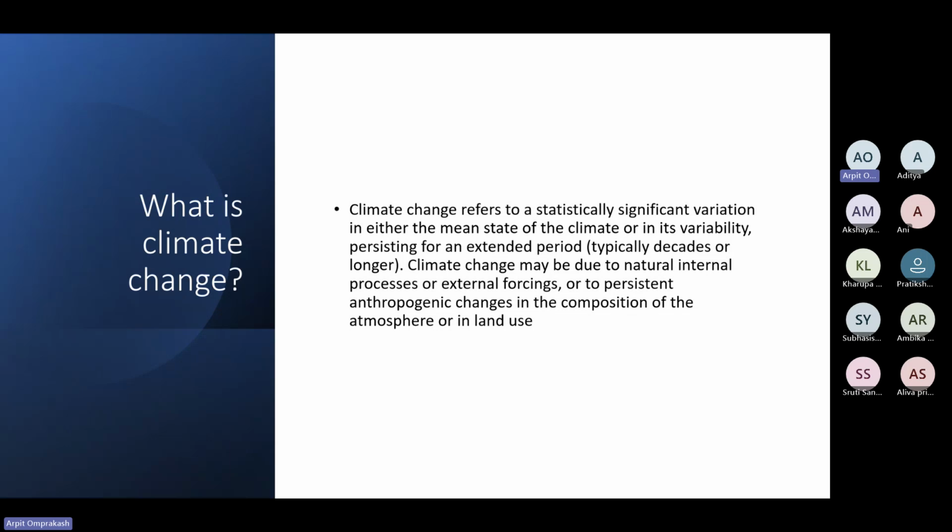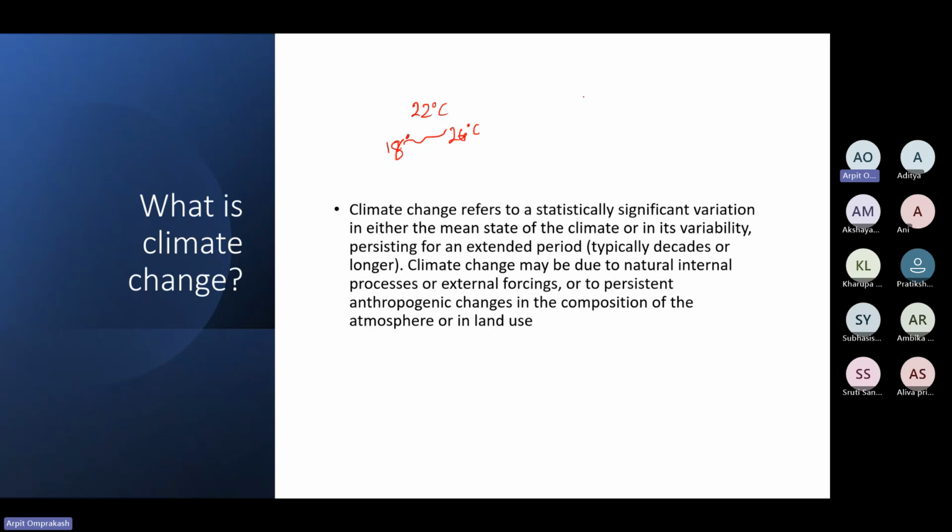So in general, if we talk about climate, let's say for a given place like Bangalore, let's say the normal climate is 22 degrees, and it varies from, let's say, 18 degrees to 26 degrees, right? So that is the general climate of Bangalore.